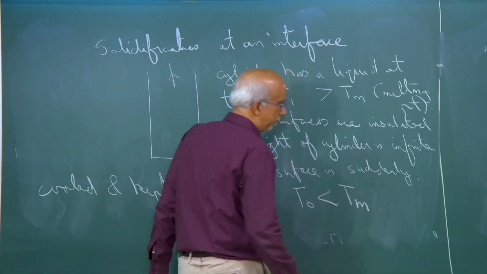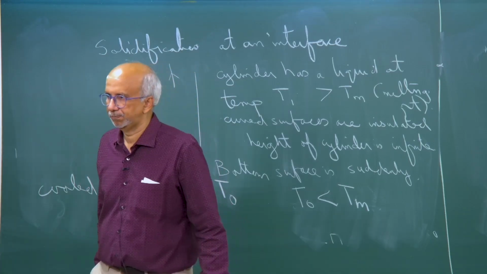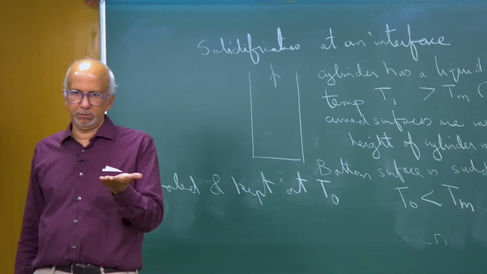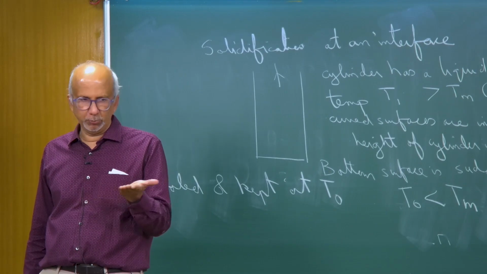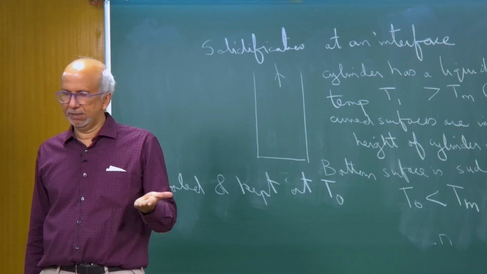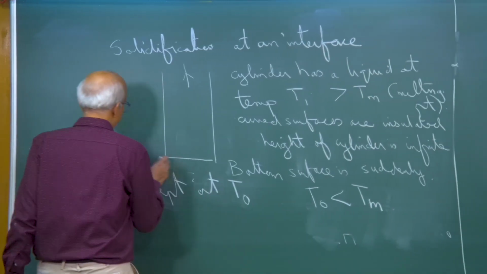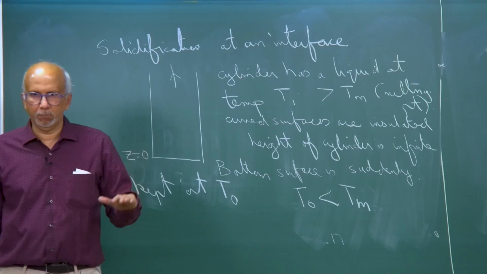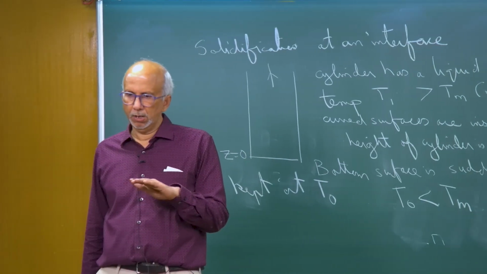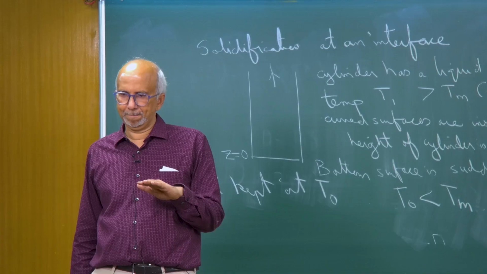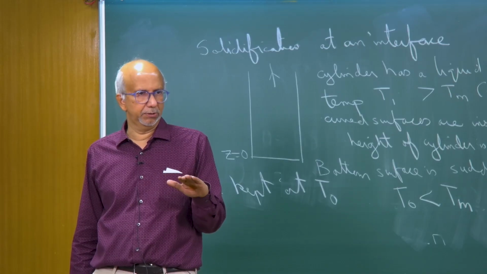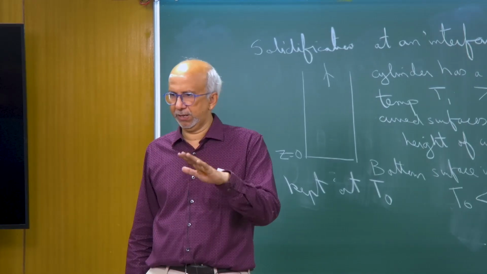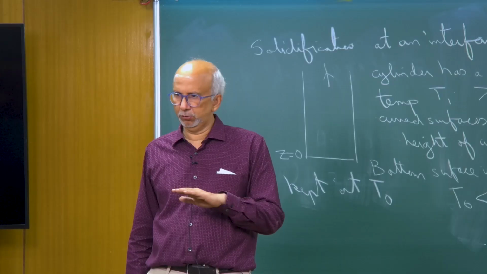It is a temperature which is lower than the freezing point. So, as soon as you keep it at T0, what is going to happen? The liquid adjacent, and this is Z equal to 0, this portion is Z equal to 0, that is my bottom surface. As soon as the temperature becomes T0, the liquid is going to freeze, correct. With water, you make it minus 10, whatever, it is going to freeze, you are going to get solidification.